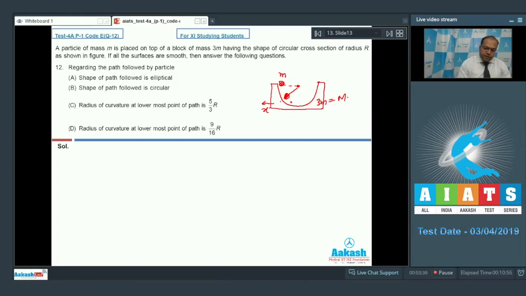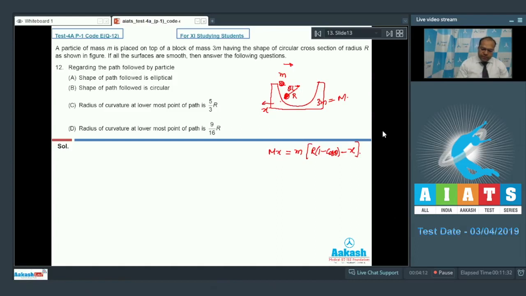So if the block is displaced in left direction by a distance x, then I can write capital M into x is equal to small m. If this angle is theta, this radius is r, then the displacement of small m in this direction is r into 1 minus cos theta minus x. Since the external force is acting in the vertical direction only, there is no displacement of the center of mass in the horizontal direction.